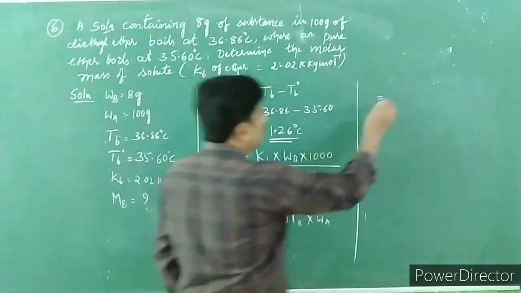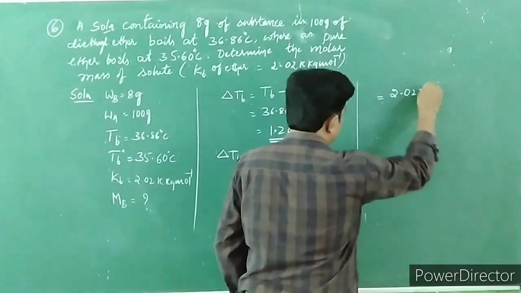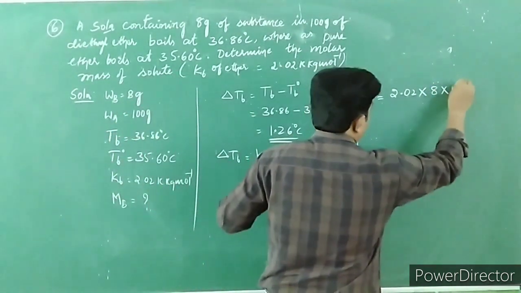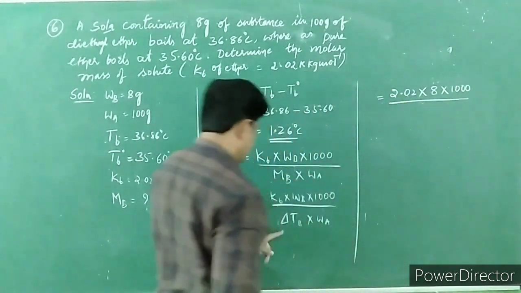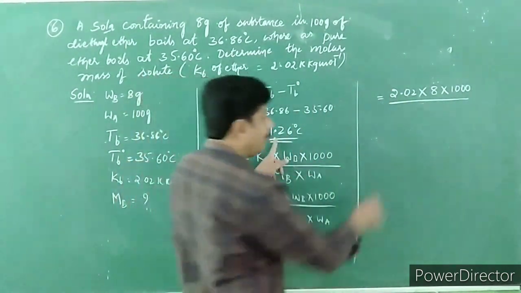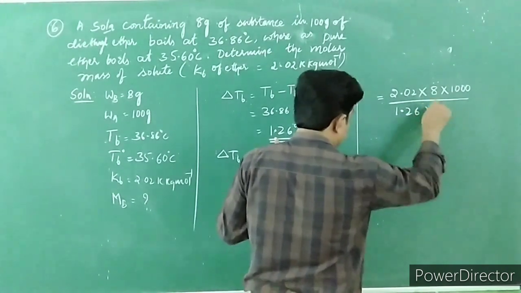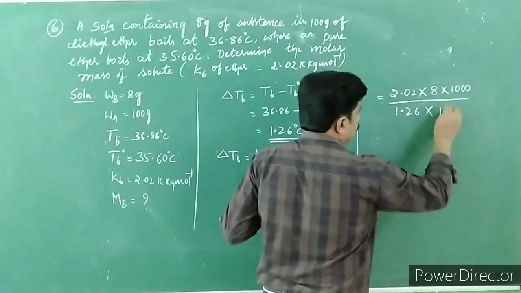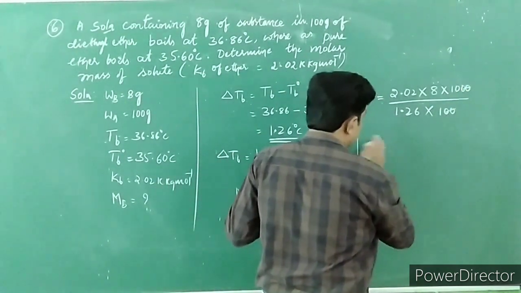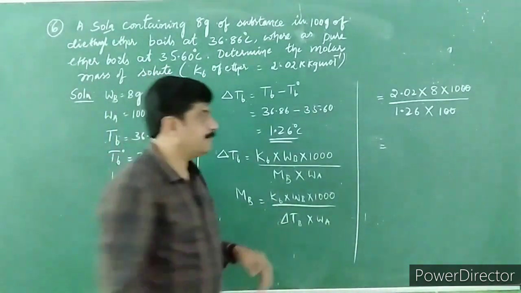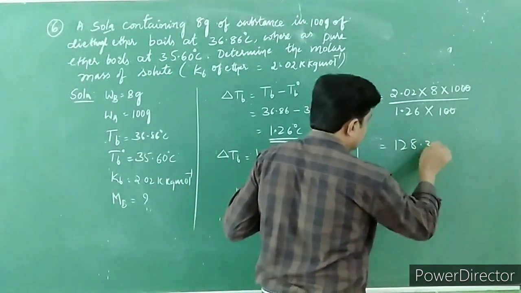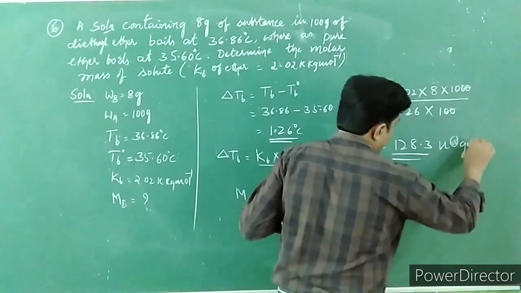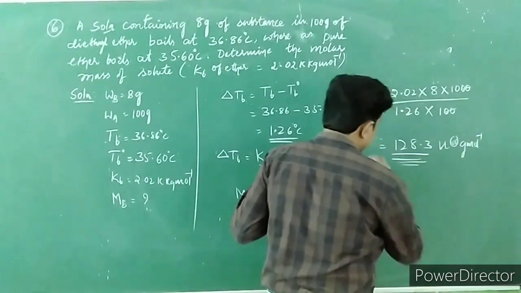Kb is 2.02 into WB, which is 8 grams, into 1000 upon delta TB you calculated here, which is 1.26, into WA. WA is 100. Children, if you simplify this, you are going to get 128.3 unified mass, otherwise gram per mole. So this is what MB.